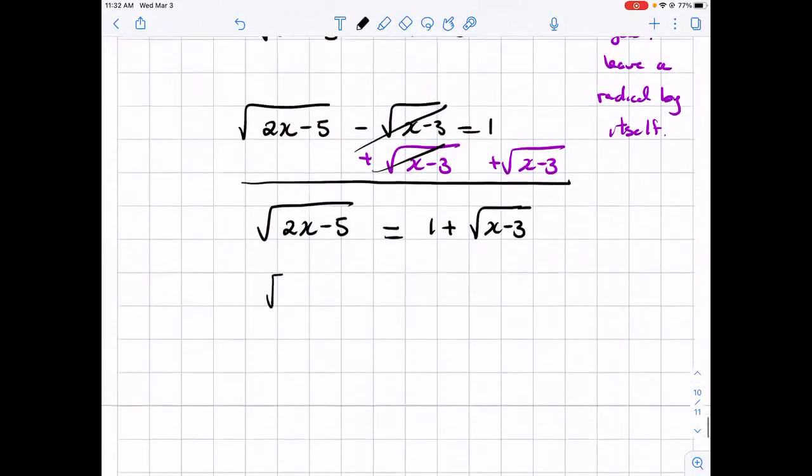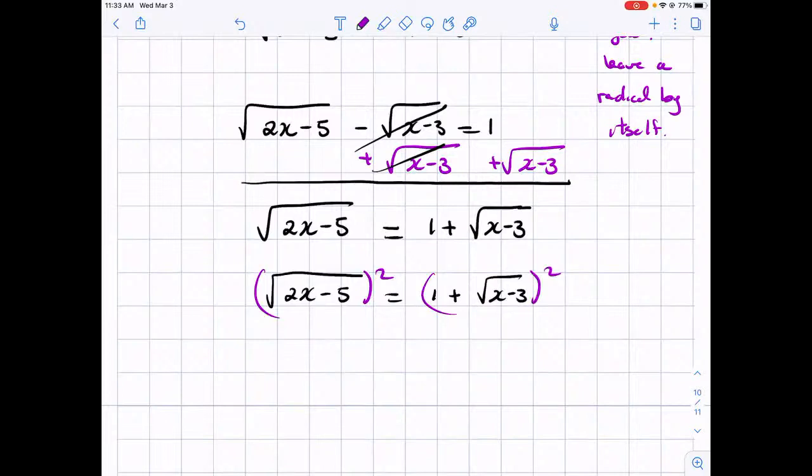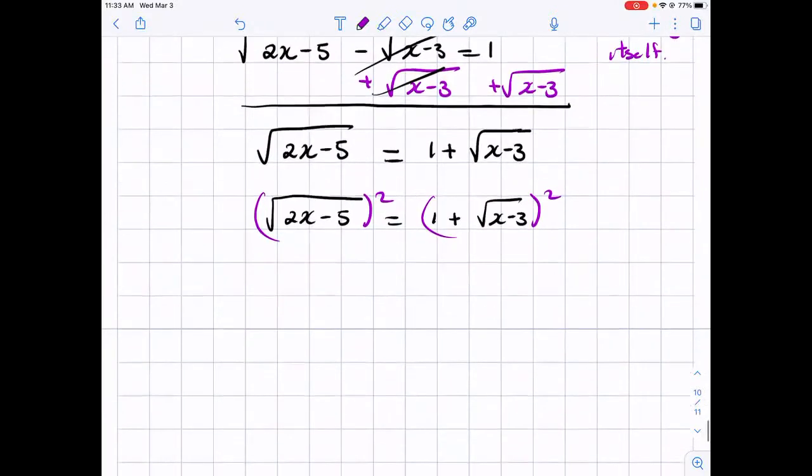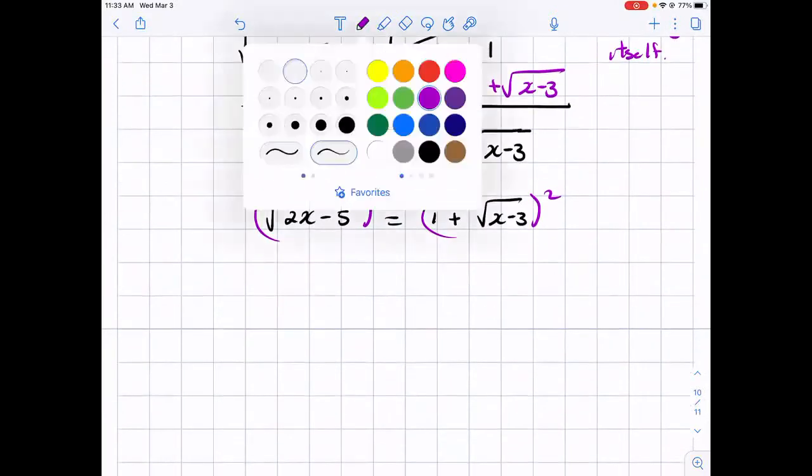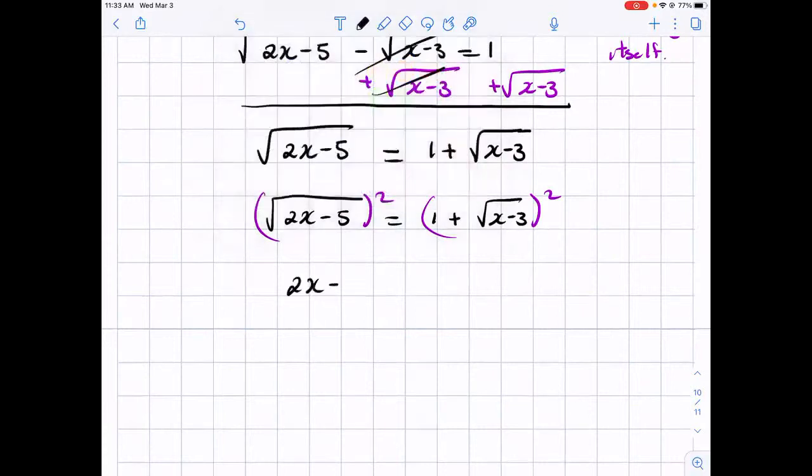And now we can square both sides. If we square both sides, we have on the left side 2x minus 5. On the right side, we have 1 plus the root of x minus 3 times 1 plus the root of x minus 3.